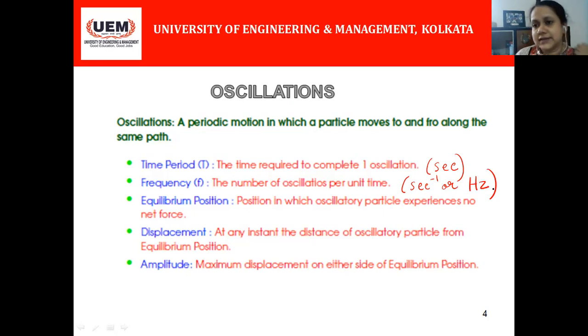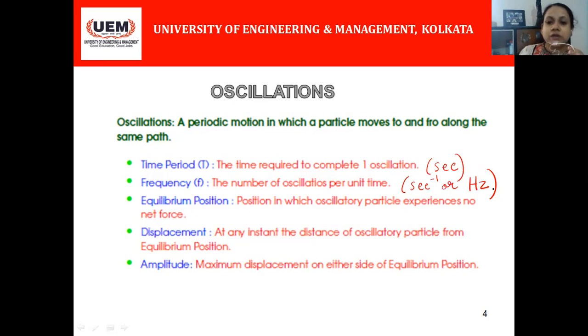The next term associated with oscillatory motion is equilibrium position. So equilibrium position is a very special position along the path of the oscillatory particle. It is that position where the particle experiences no net force.